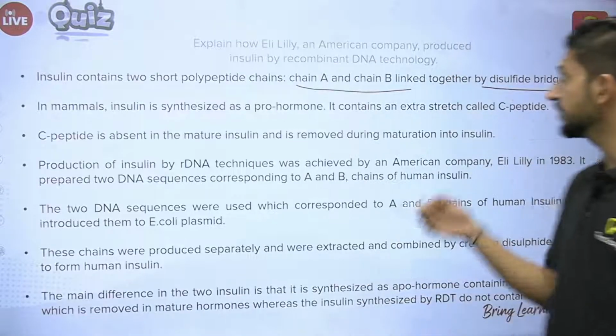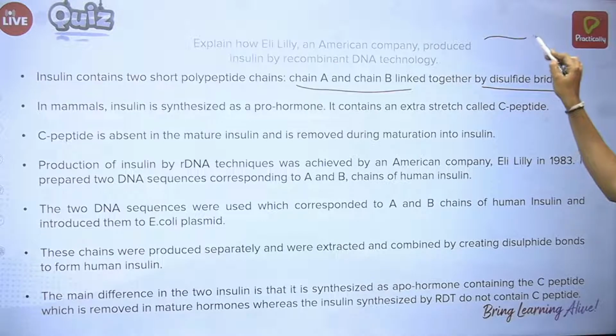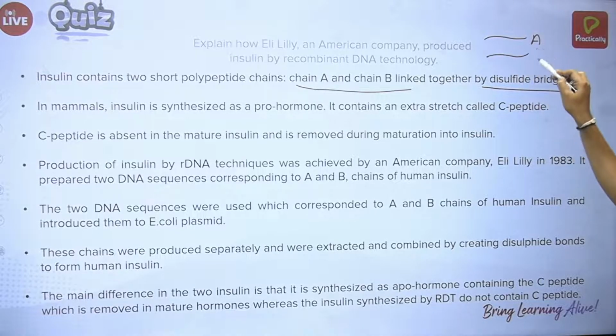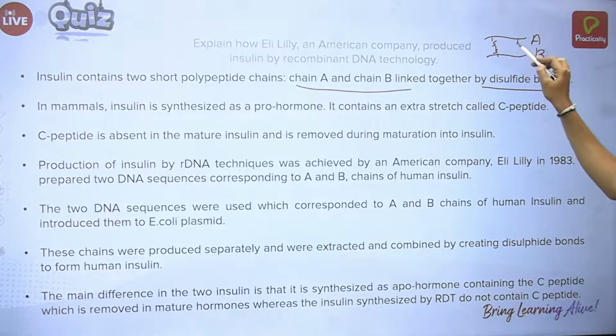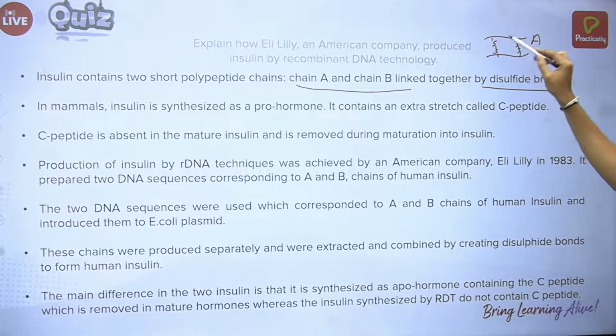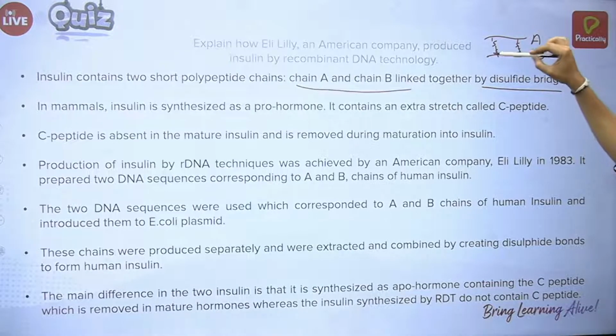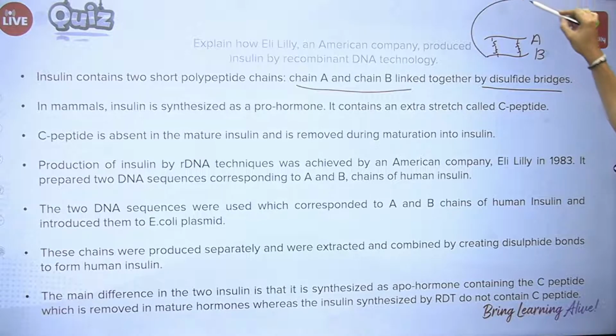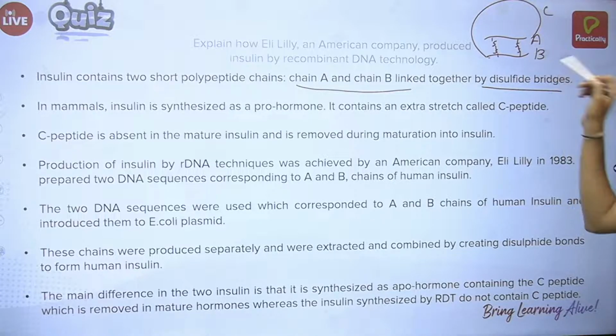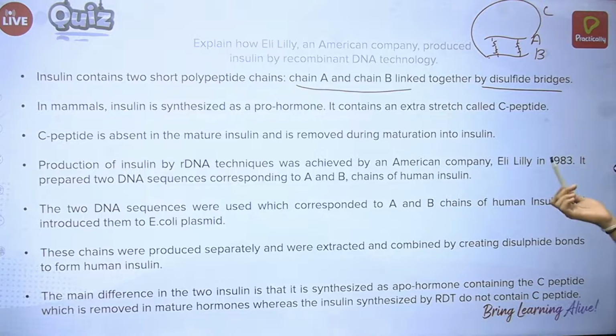It's not shown here, but basically there is chain A and chain B, connected by disulfide bonds, and the proinsulin has one more extra stretch of C polypeptide, which is connected to them. It has to be removed, and only then A and B make the original insulin.